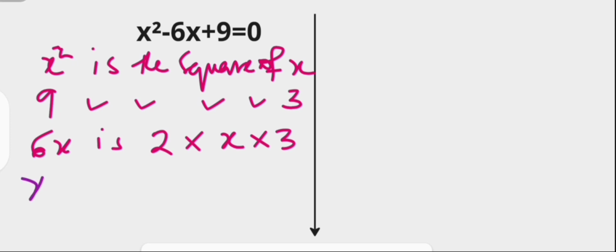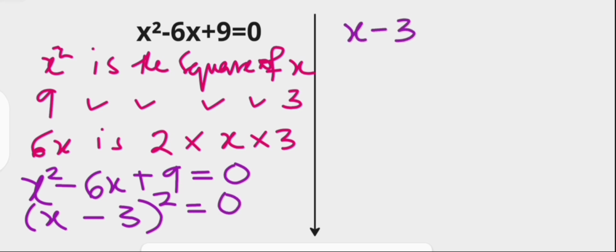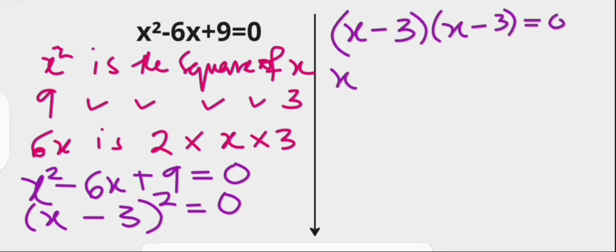So this x squared minus 6x plus 9 equals 0 thus becomes x minus 3 all squared. Now, if x minus 3 all squared is 0, it simply means that x minus 3 times x minus 3 equals 0, which is the meaning of squared.